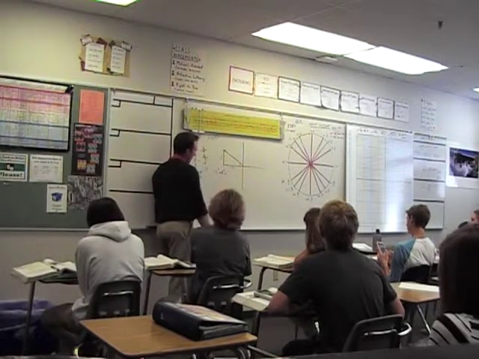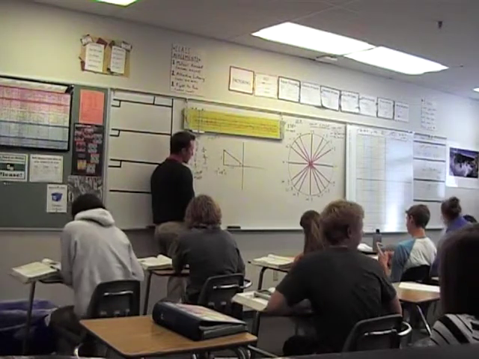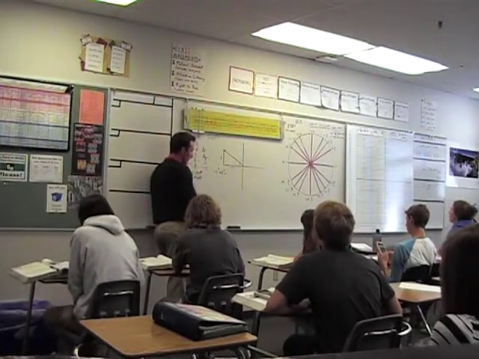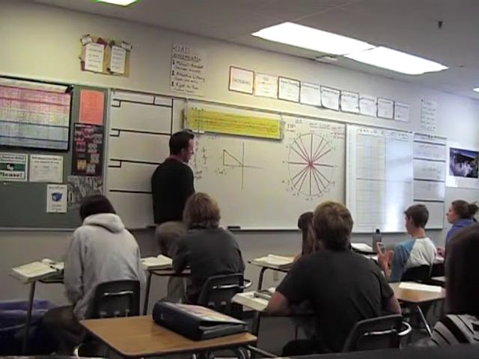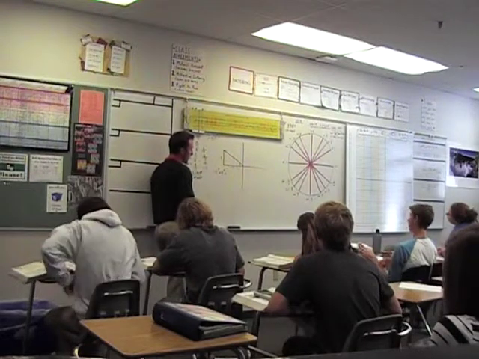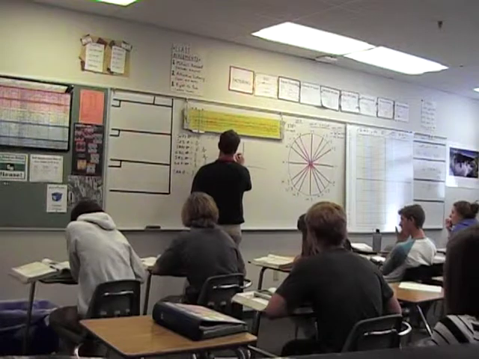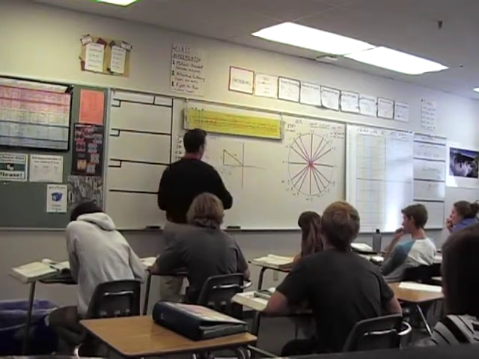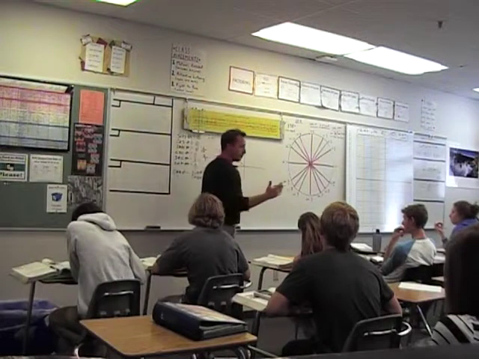It doesn't, because the negative gets squared. It's going to be bigger than 15, right? So that's how we found our third length, Pythagorean theorem. Piece of cake.